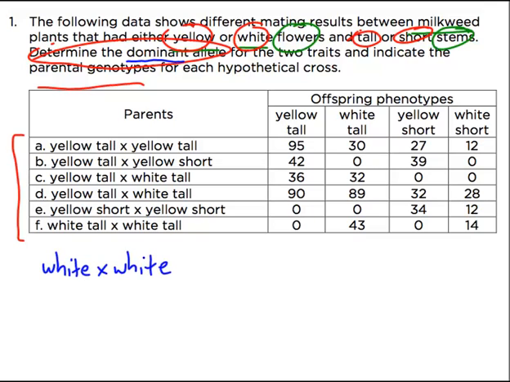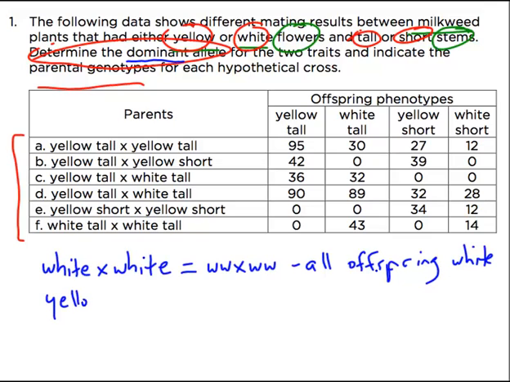Say if you see a cross that's a white times a white, right? If white was recessive, let's just guess that, your cross would be like this, right? Wouldn't it be true that all offspring would have to be white? Well, it would be true if that was in fact recessive.